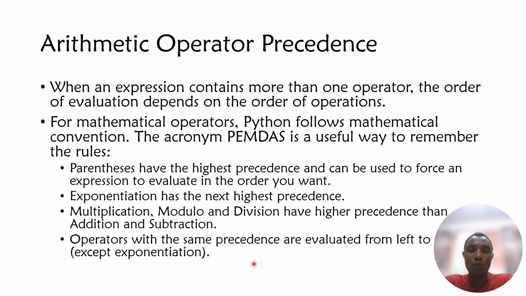What follows is modulo and division. These are the ones which have higher precedence than addition and subtraction. If the operators are at the same level, close to each other, the precedence goes starting from the left.